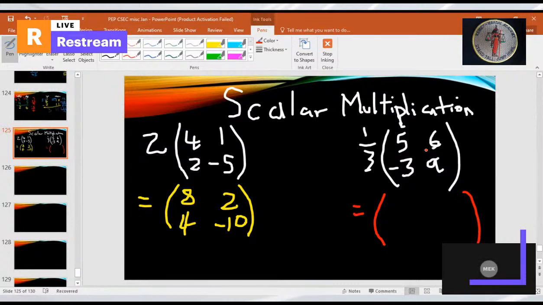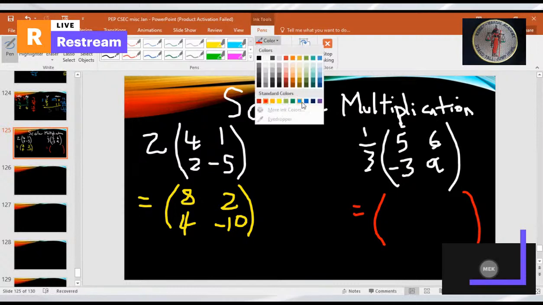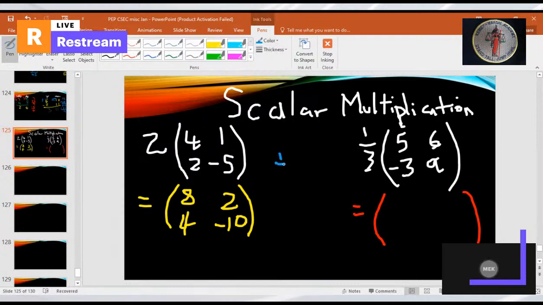So if we're multiplying 1/3 by 5, let's do that to the side. 1/3 times 5/1, as 5 is a whole number. So 1 times 5 is 5, 3 times 1 is 3. So we would get 5/3. So our answer will be 5/3.